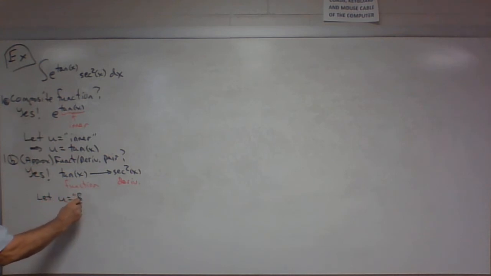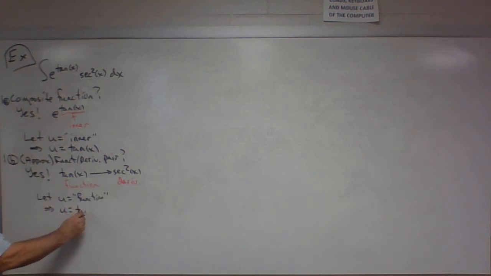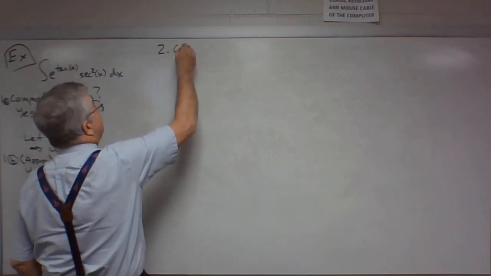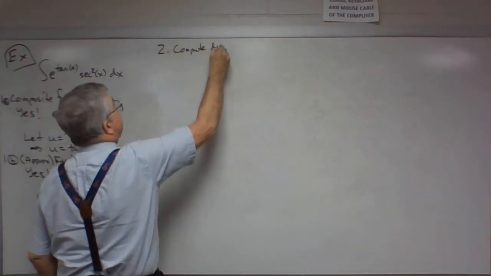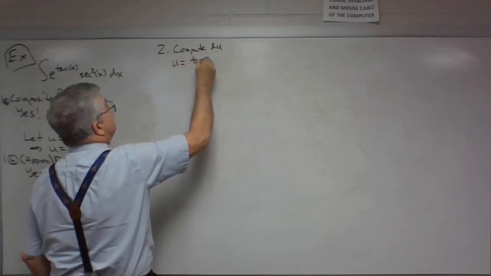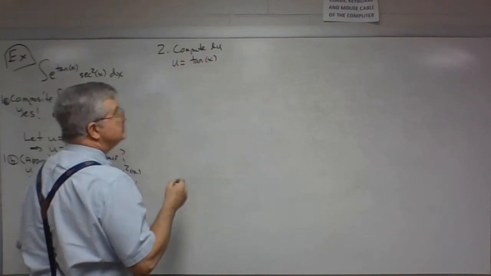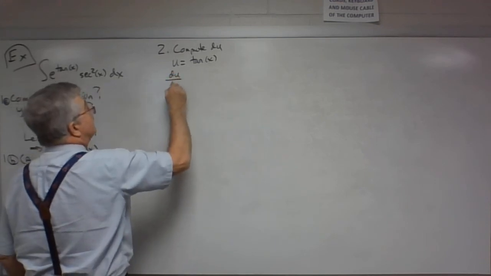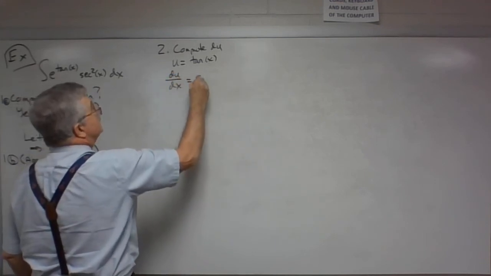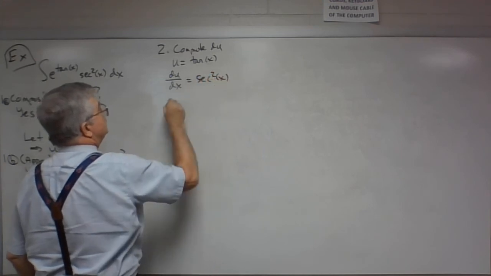And our rule of thumb is to let u be the function of the function derivative pair. So u is tangent x. Criterion A and criterion B both tell us to let u equal tangent x. So let's compute du. Derivative is secant squared x.